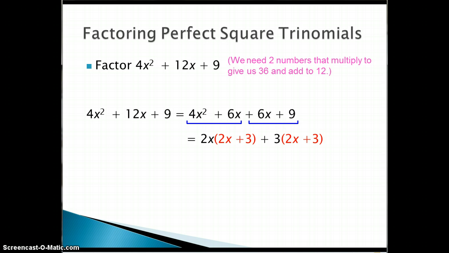So that's going to be pulled out as one of the factors. And then notice that what's left over is also 2x plus 3. So we again end up with two identical binomials multiplied together, and we can simplify that by writing it as 2x plus 3 in parentheses squared.